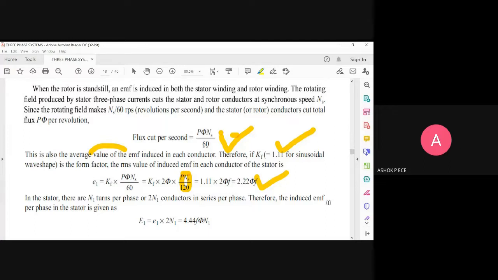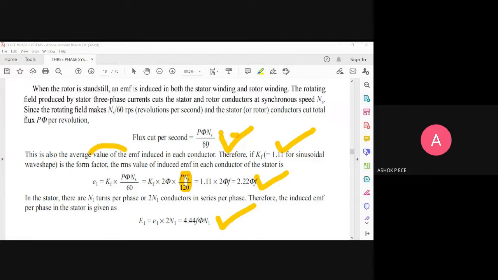The total EMF induced will be E1 into 2N1. E1 is 2.22 φ f, multiplied by 2N1, you get 4.44 φ f N1. So this is the total EMF induced per phase in the stator.